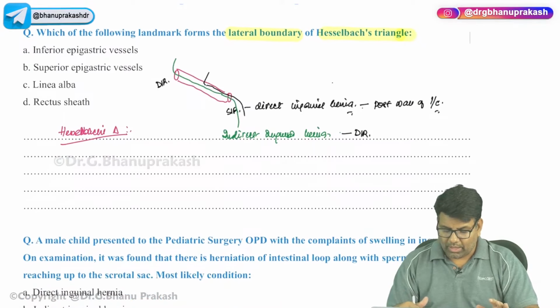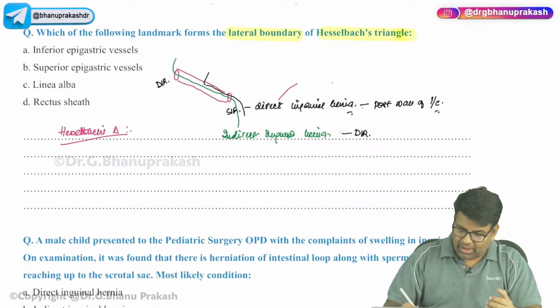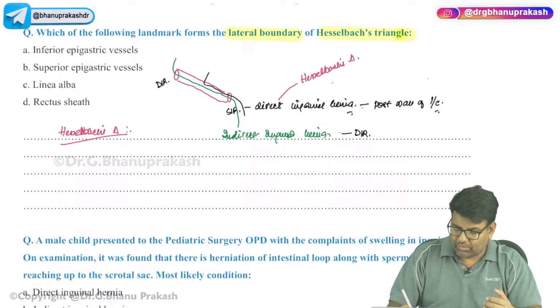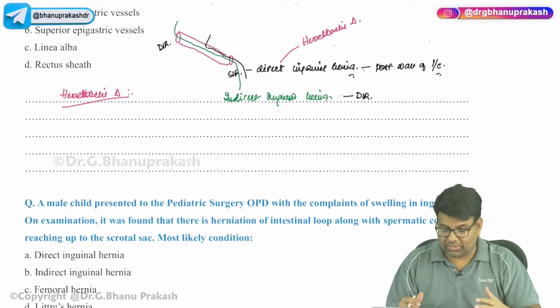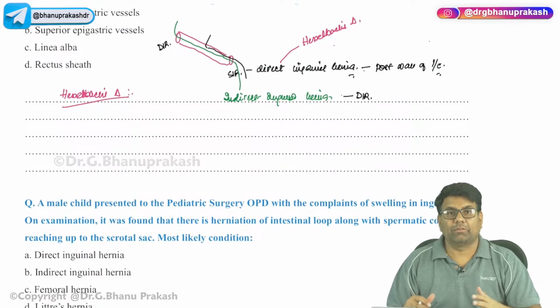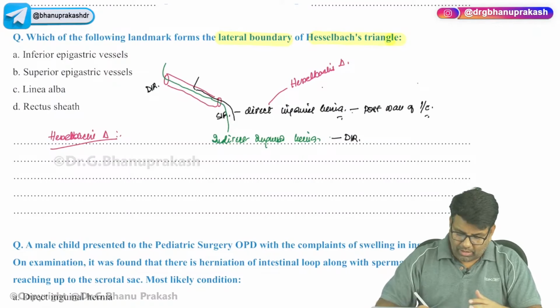Now, for direct inguinal hernia, there is a landmark, and that landmark is Hesselbach's triangle. Therefore, it is very important for us to understand what actually Hesselbach's triangle is.